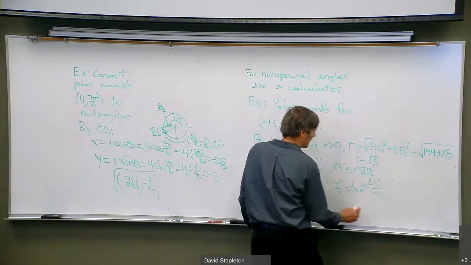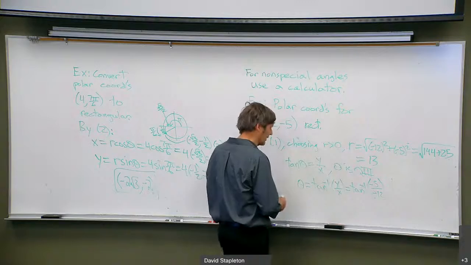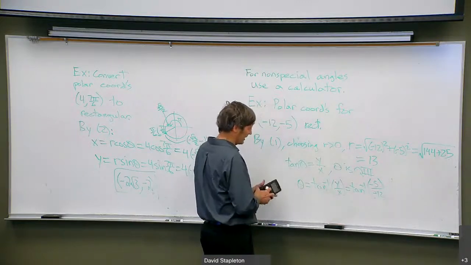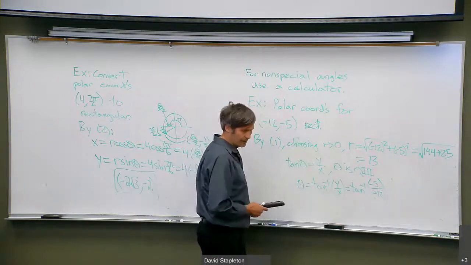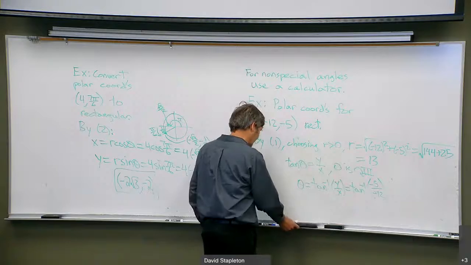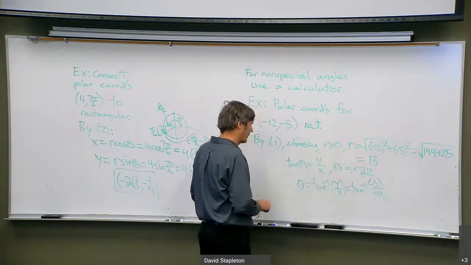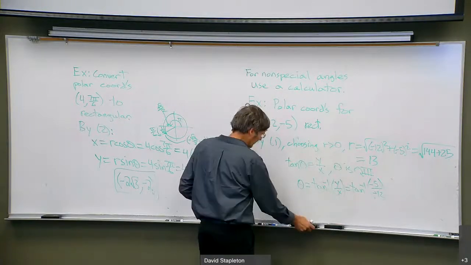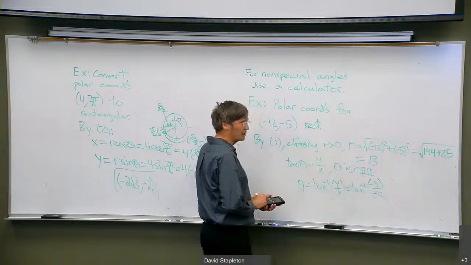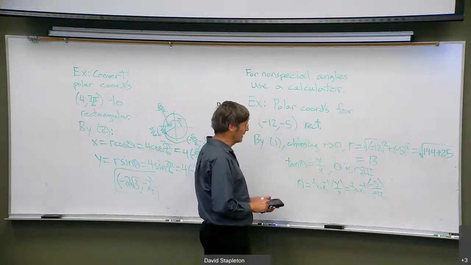And if I run that in the calculator, I can cancel the minuses if I want because it's the same. Arc tangent of 5 over 12. See what we get. Make sure your calculator's in radians if I ask for radians here, of course.